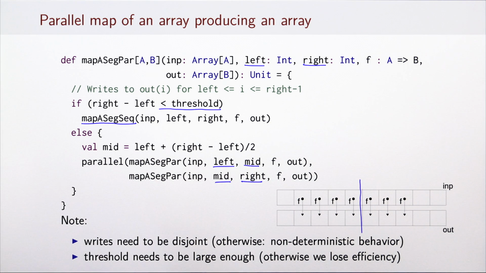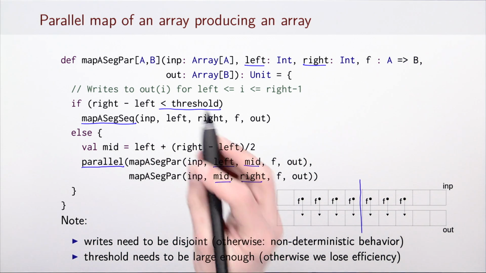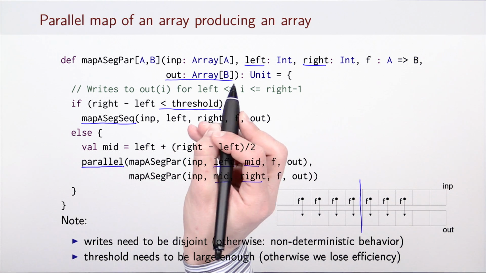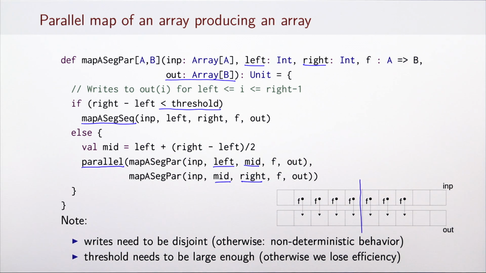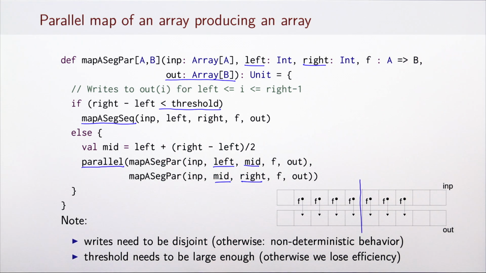One is that we are now invoking in parallel computations that are writing output to some array. That means that we need to be careful that parallel operations write to disjoint parts of the memory. In this case, what these calls are writing to are elements of the out array, so we need to check to which indices these calls are writing.